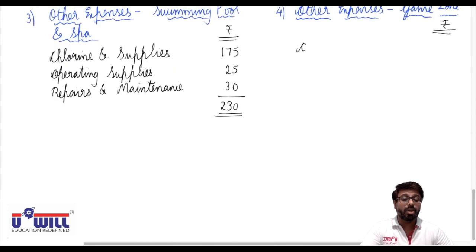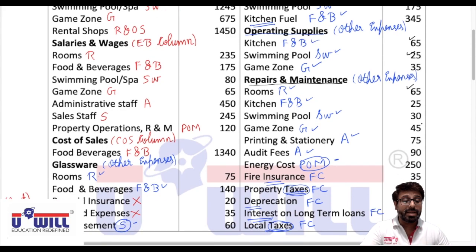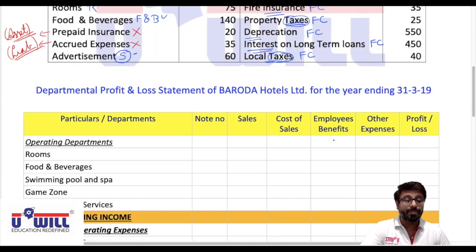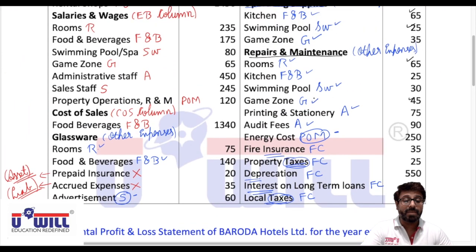Then repairs and maintenance of game zone is 45.